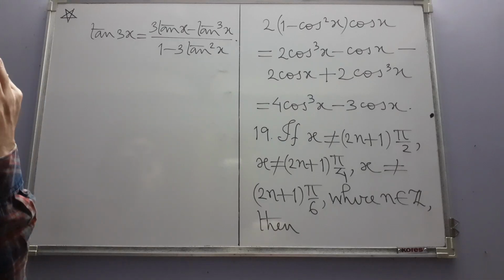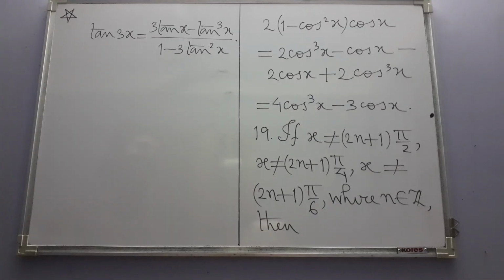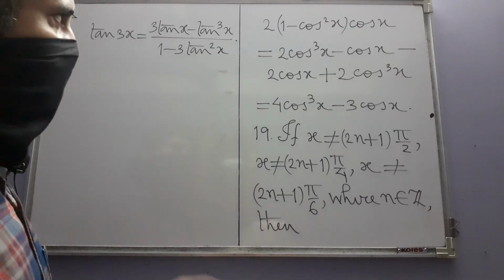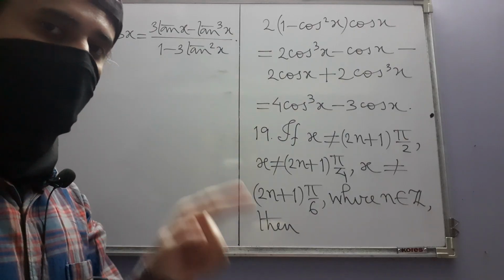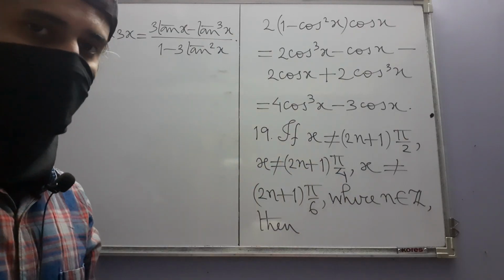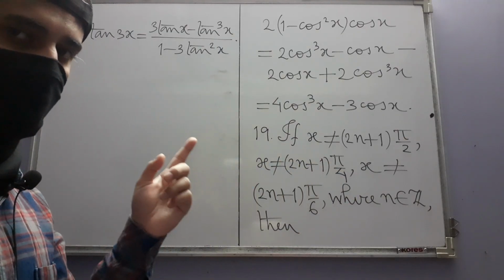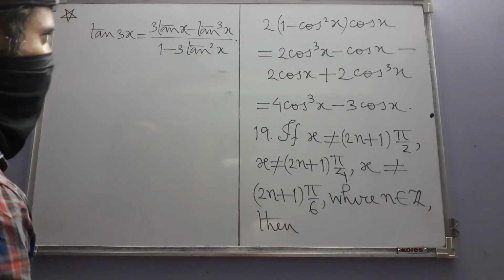Yes. So let us now derive this. I think the best way to derive this formula would be to use the sin 3x and cos 3x formula that we see here. I think that way we will get to it the quickest.